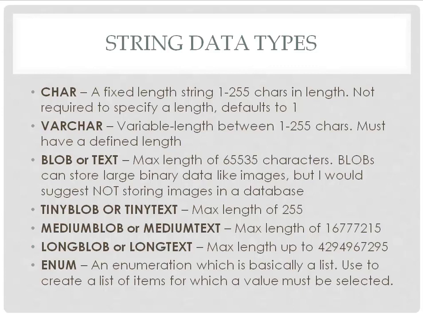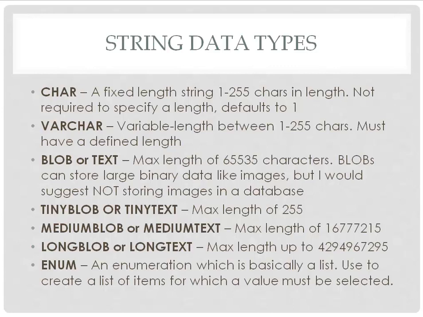So next we have a text area or a blob. Basically, you would use this for maybe like a blog post, something that you're going to have a lot of data. Let's say you have an editor, for instance, WordPress, when you have the body with the editor, that would usually go into a text field.